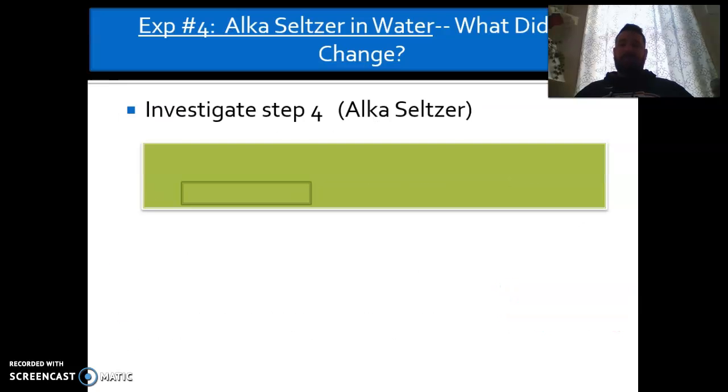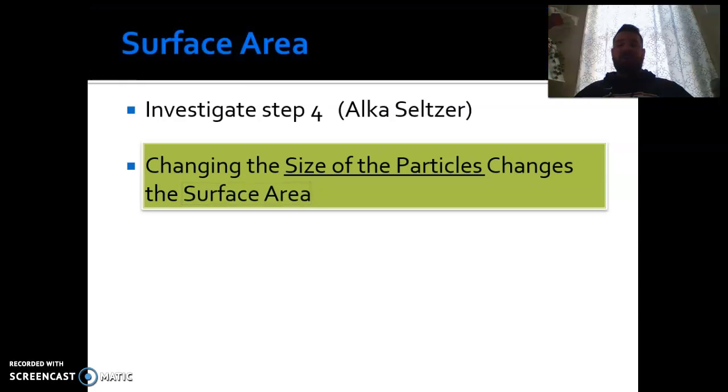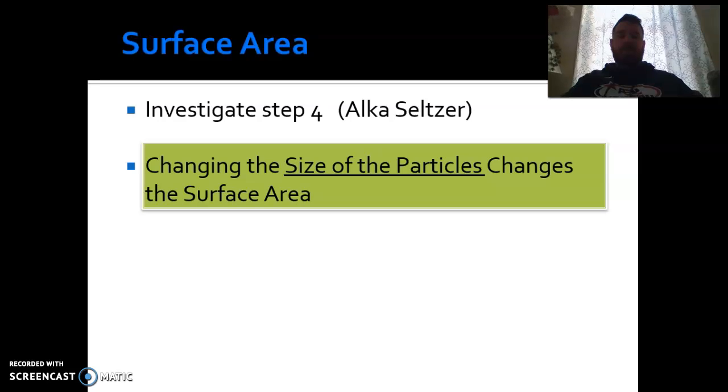Alrighty. And lastly, our fourth change is going to be surface area, and changing the size of particles changes the surface area. The results of this are not always perfect, but we did do a little bit of an example for you in class.